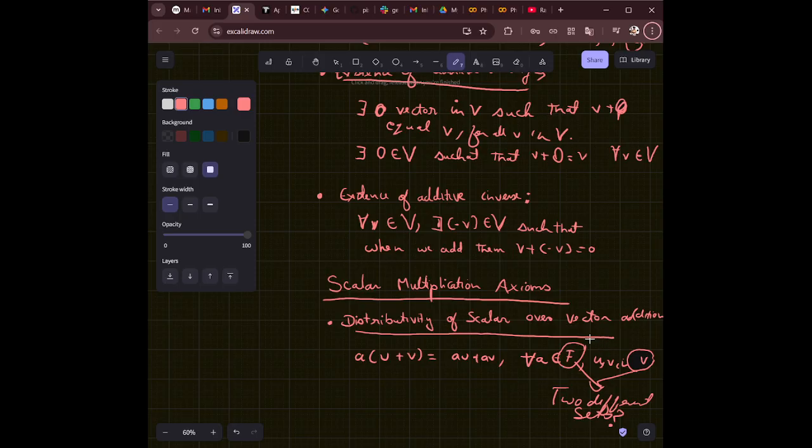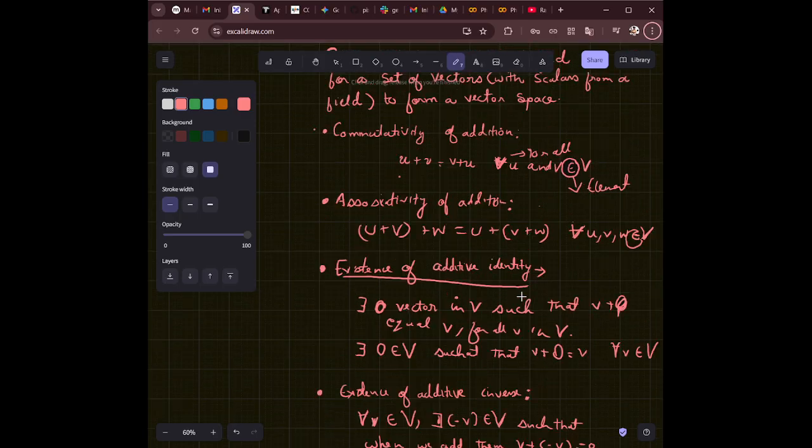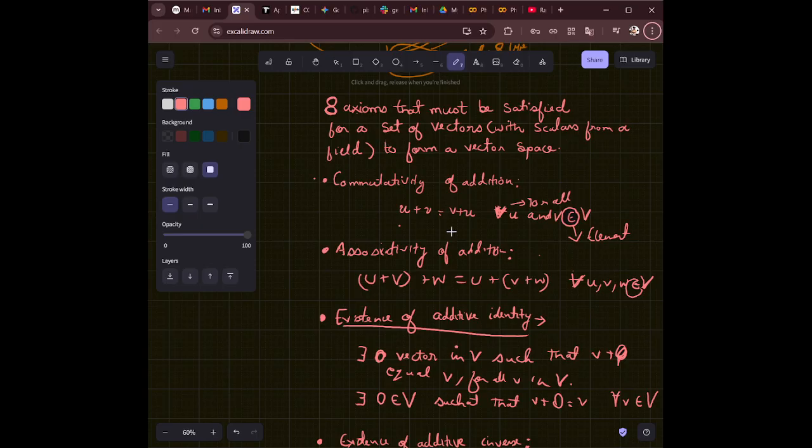We did not see this in addition when we were checking the addition axioms, because there we were only checking the set of vectors present in the set V, where each element represents a vector.